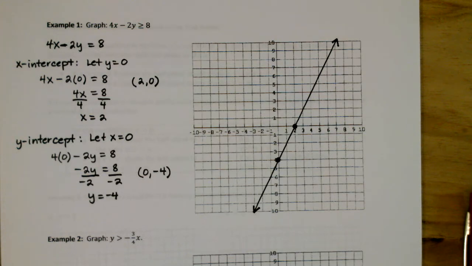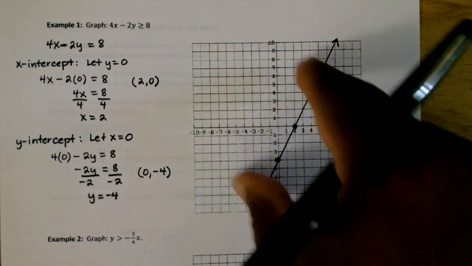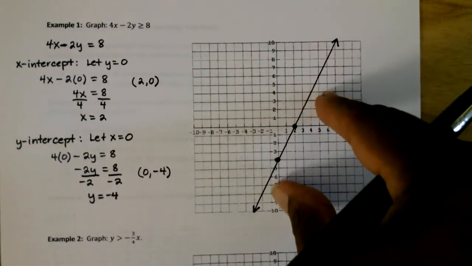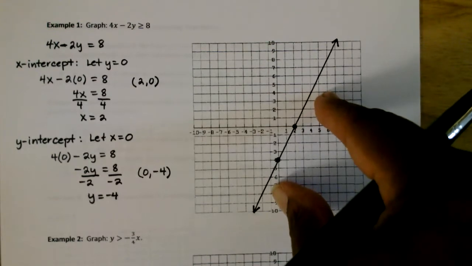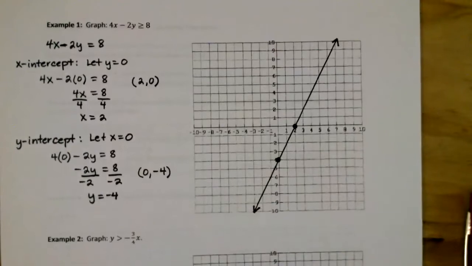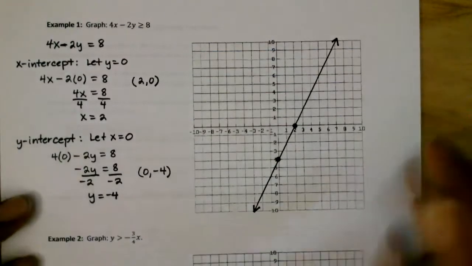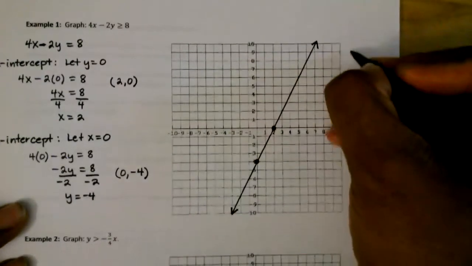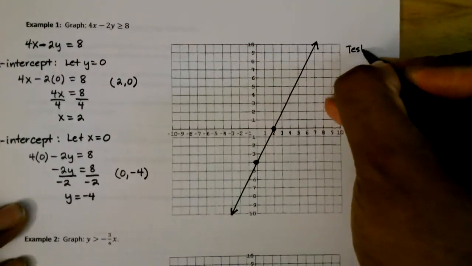Now, to determine whether I need to shade this part of the plane or this part of the plane, I need to pick a test point. I'm out of room here, so I'm going to write test point over here.